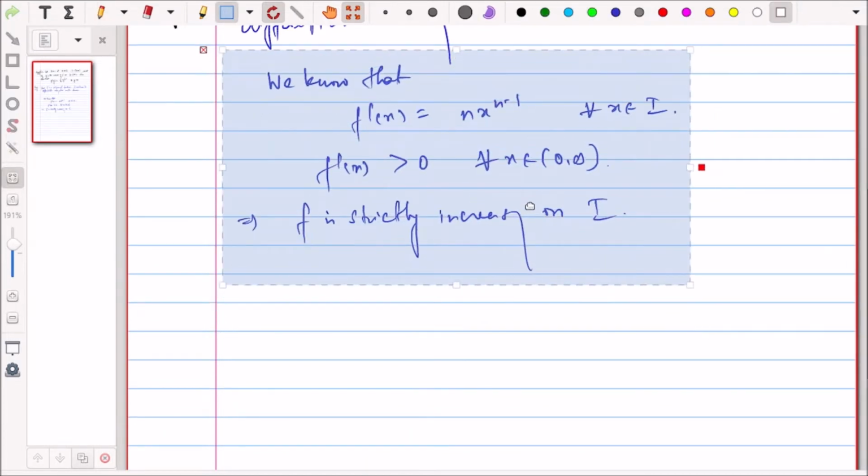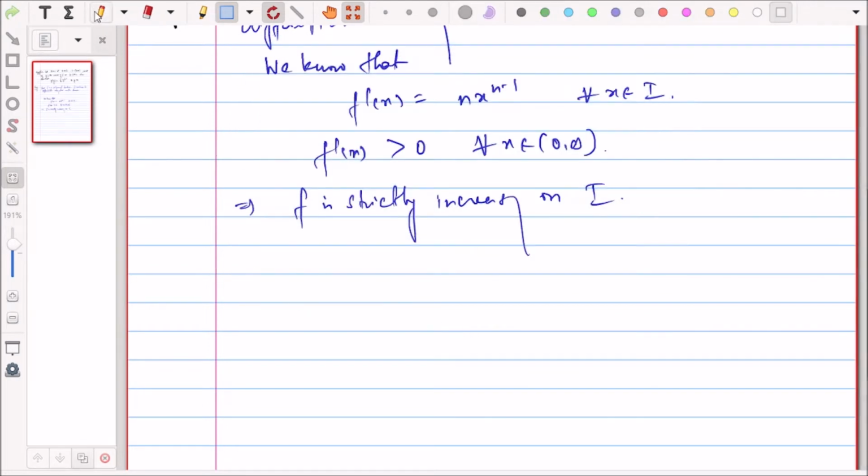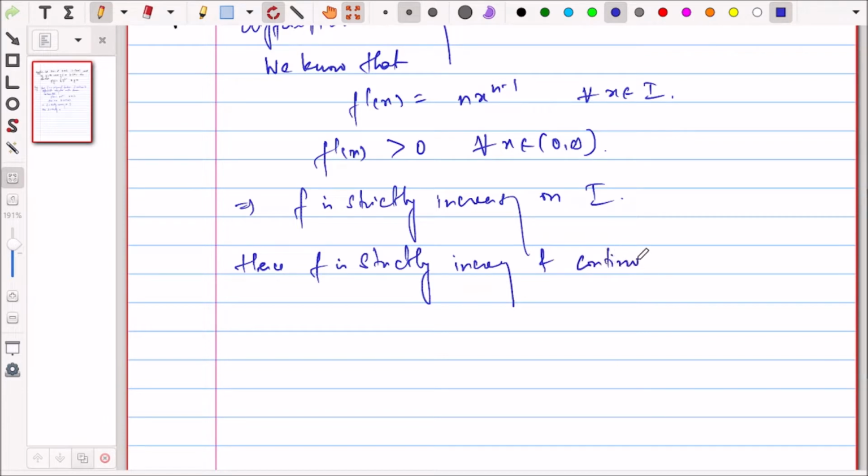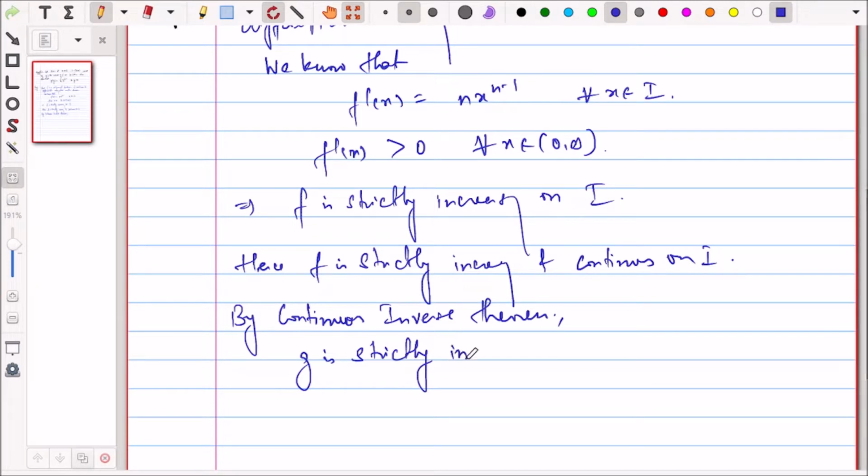So what does this imply? Hence f is strictly increasing and continuous on I. So by the continuous inverse theorem, g is strictly increasing and continuous on I, right?